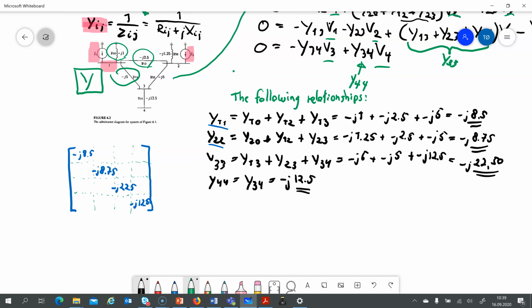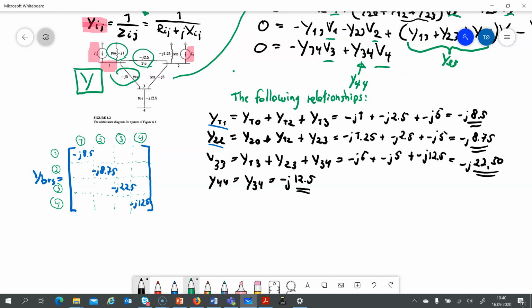Like this. So we can start to write the Ybus equals this matrix. Remember that we can have positions, so we can call it position 1, 2, 3, 4, 1, 2, 3, and 4.